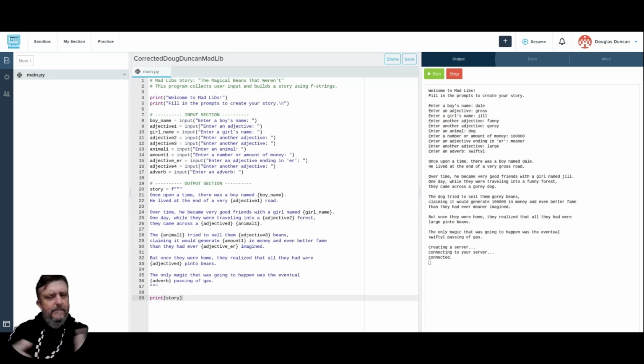So I believe part of the assignment was we were supposed to discuss why we chose to code the way we coded. So the main reason I designed my program the way I did is because I chose to use F-strings instead of traditional string concatenation. I like F-strings because they make the code easier to read and easier to understand instead of breaking the story into a bunch of pieces and adding strings together with plus signs.